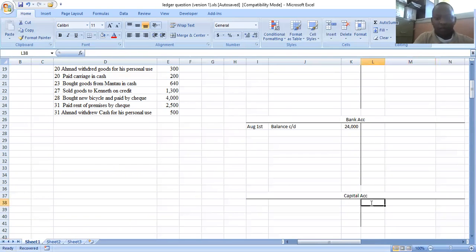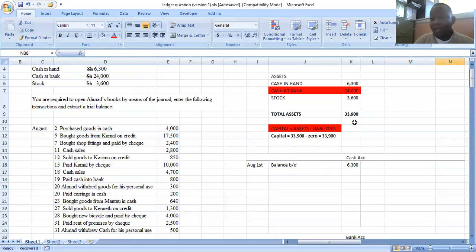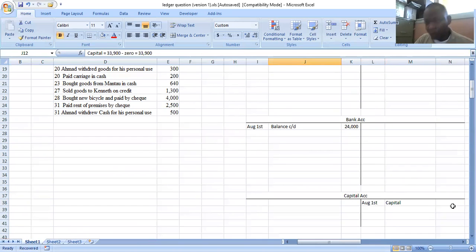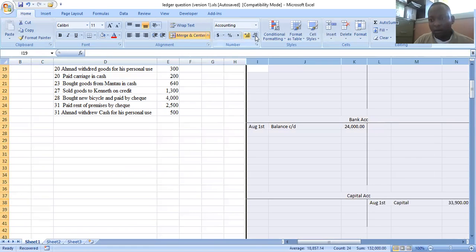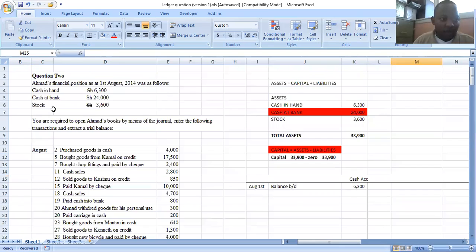So we have it here, August 1st, by capital, and the amount is, we found the amount of capital to be 3,900 when we were using the balance sheet equation. So that 3,900 is our capital.